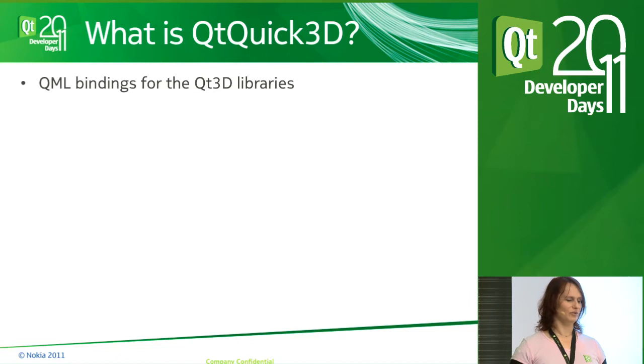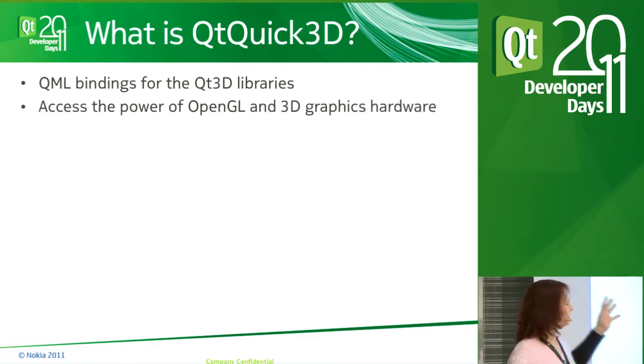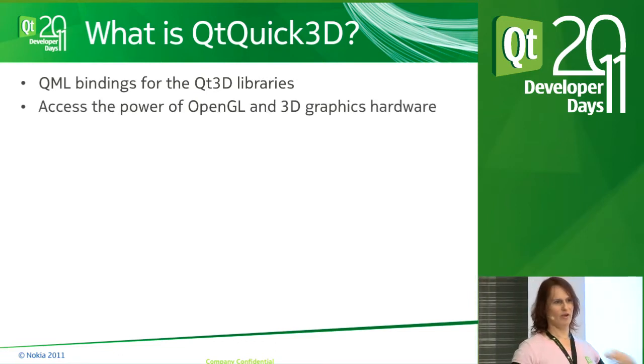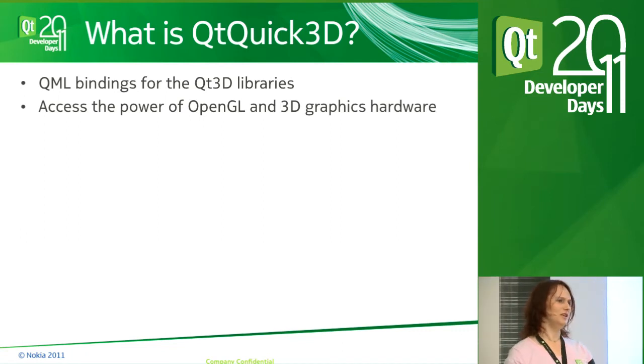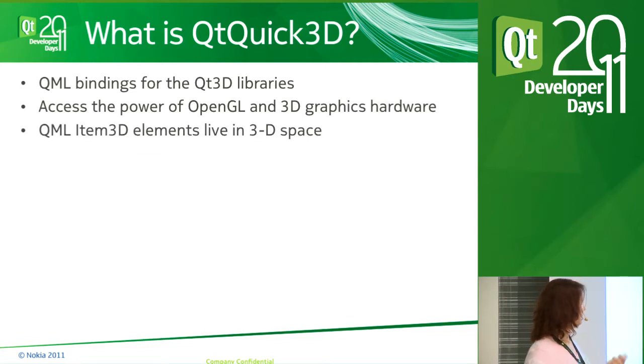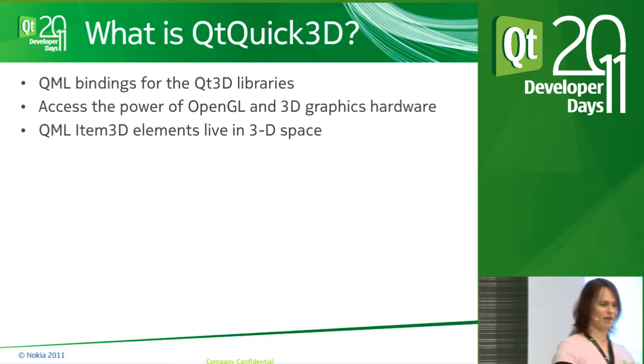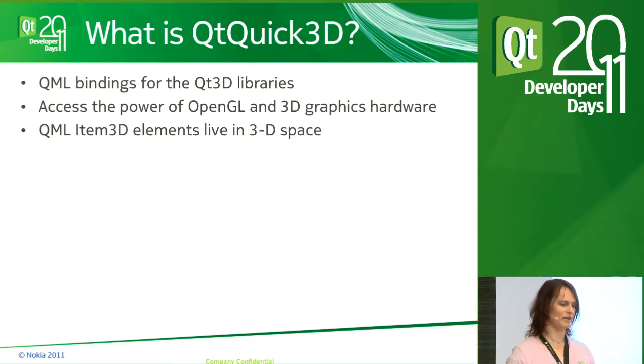Anyway, what we tried to do was to create bindings that allowed you to get hold of that power without having to write a lot of C code. It was still writing C++, because like Ogre and Unity and all these other libraries that are out there, we wanted to try and make it a lot more Qt-like, a lot easier, high level, and still give you access to that power with these C++ style libraries.